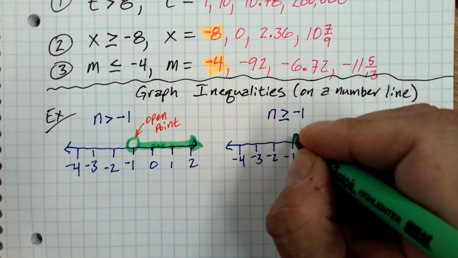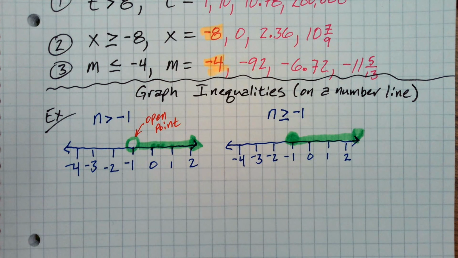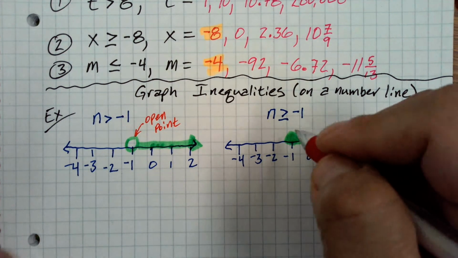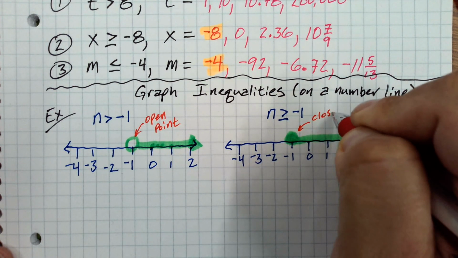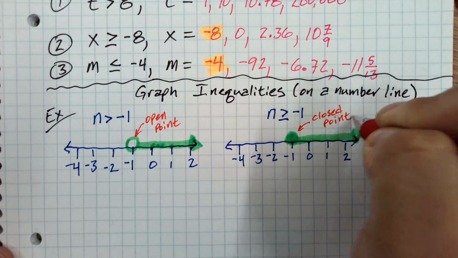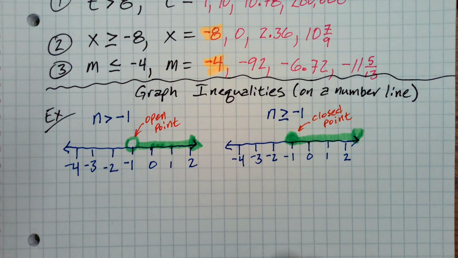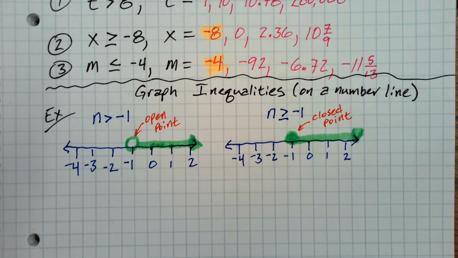I make a nice big, chunky point like that. That's called a closed point. And that's telling me -1 and anything bigger than -1.